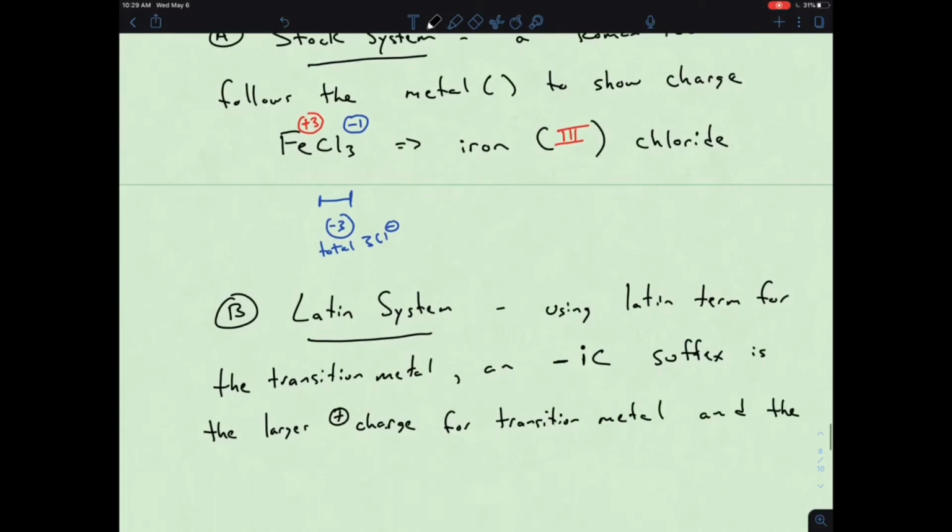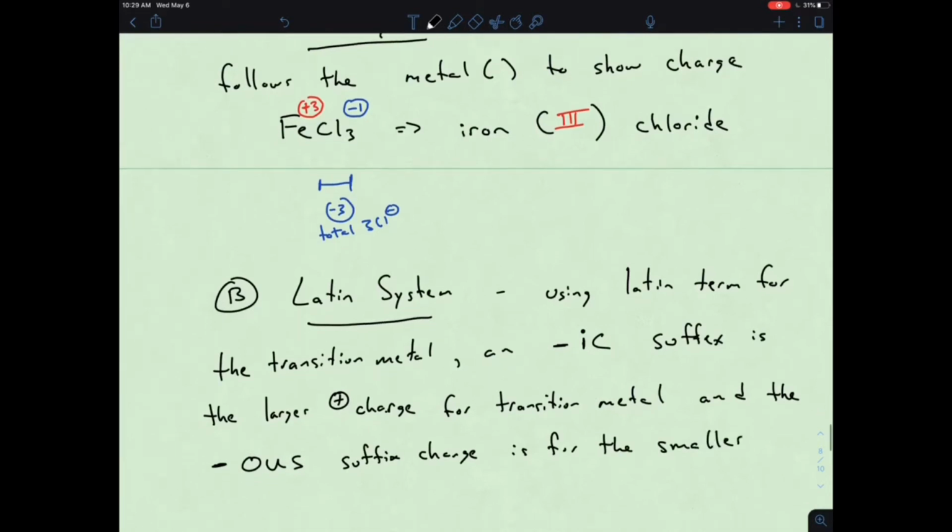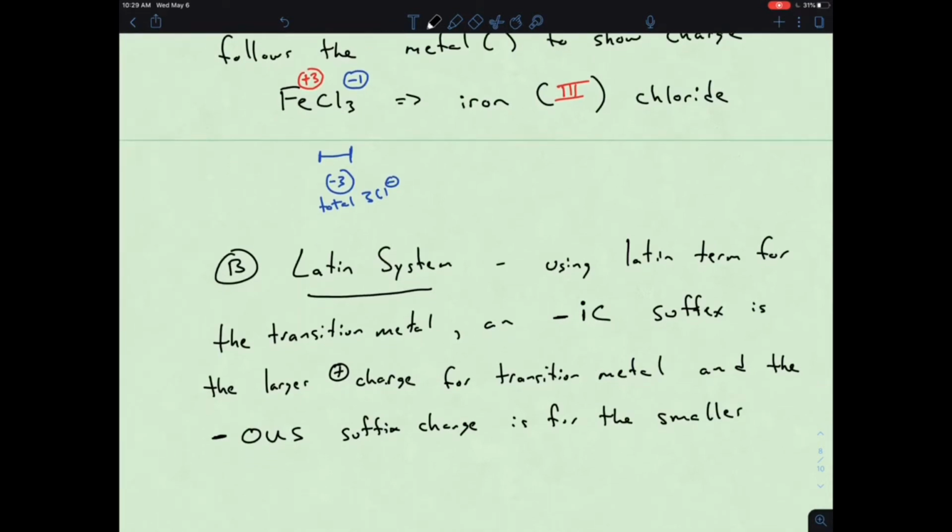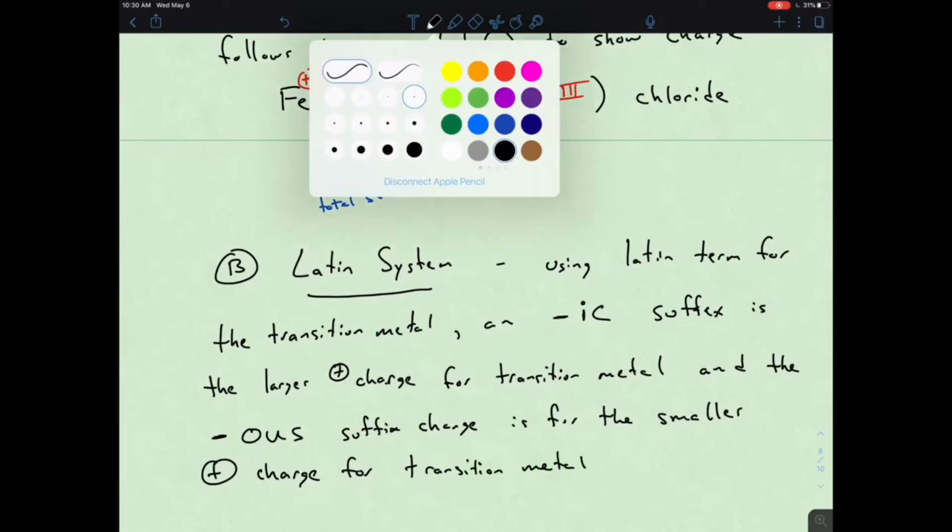And the -ous suffix change is for the smaller. So we have these two things.